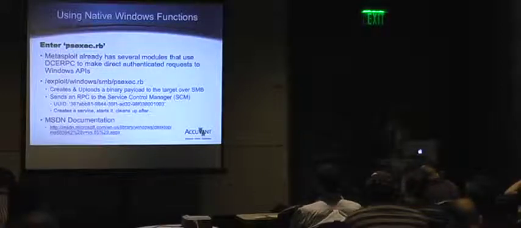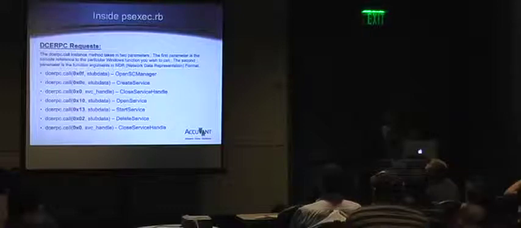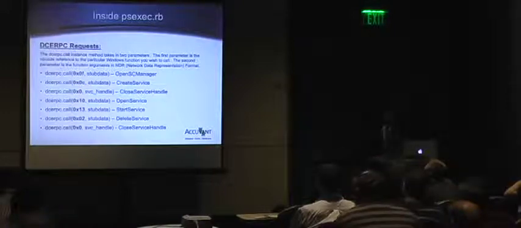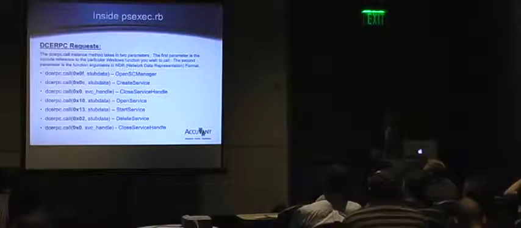But we can actually take a look at the source code to the Psexec exploit module, and we can see if we search for the DCERPC.call method. .call is an instance method of the DCERPC object. It takes two parameters as its execution. The first is an opcode representation of the actual Windows function that you want to call from the library, and the second parameter is nothing more than the parameters to that function wrapped in an NDR formatted packet.